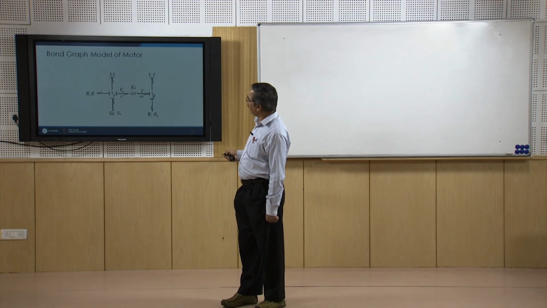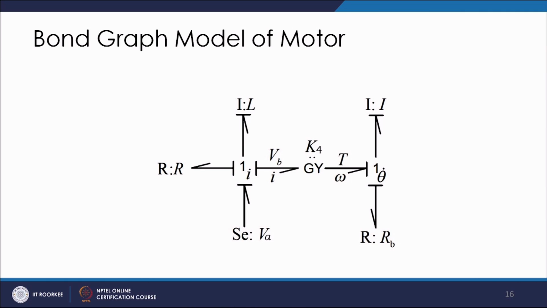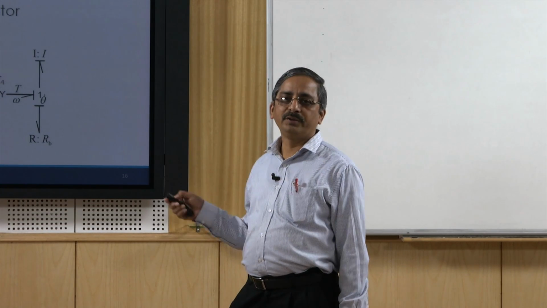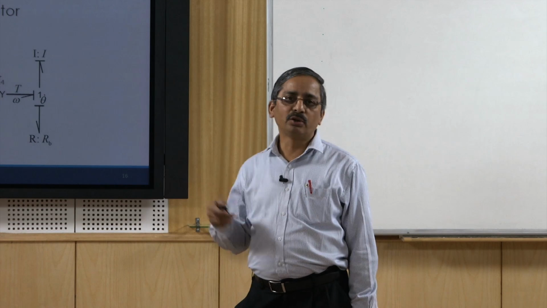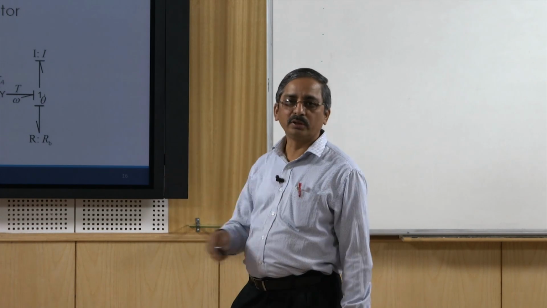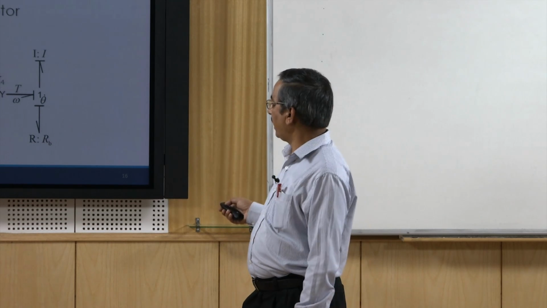At this end you are getting the back EMF. So, this is VB, the back EMF, and that of course is equal to K4 into omega as per the gyrator relationship. And here of course you have the load, and here you have the bearing resistance. So, if you are able to draw this bond graph, you will automatically get those two system equations, which I have shown in the previous slide.